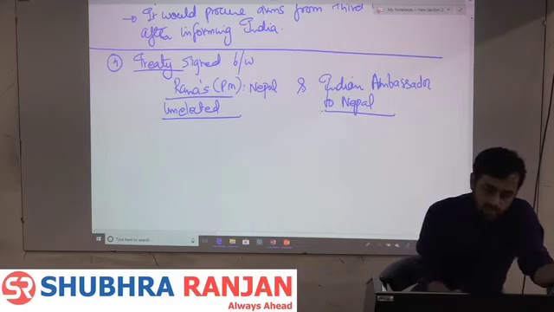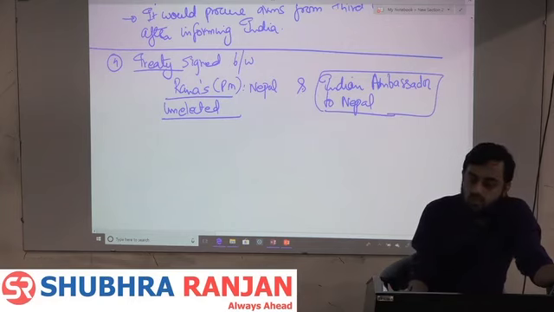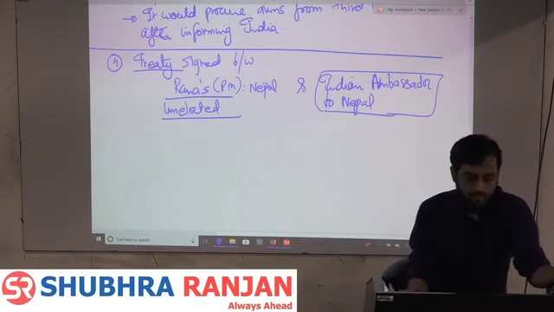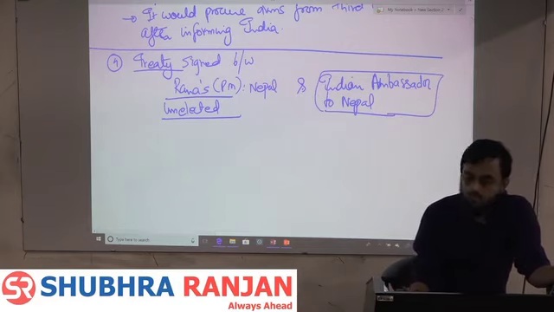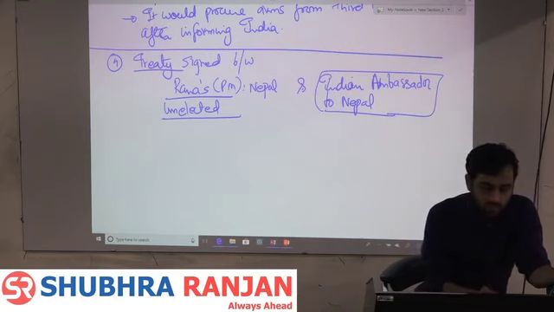So this treaty was signed between these fellows: the Indian ambassador to Nepal and the Rana Joda, unelected but the prime ministers of Nepal in 1950.